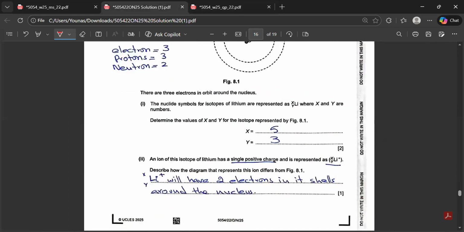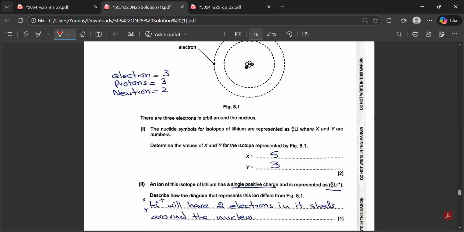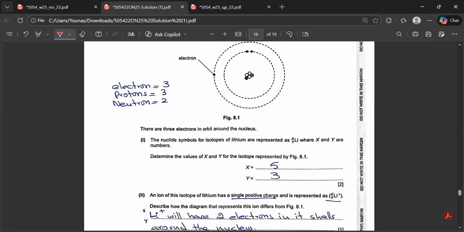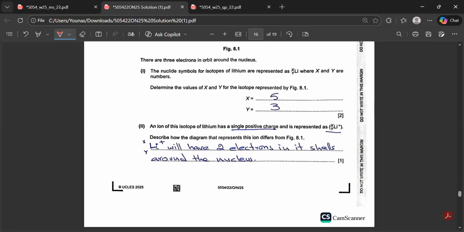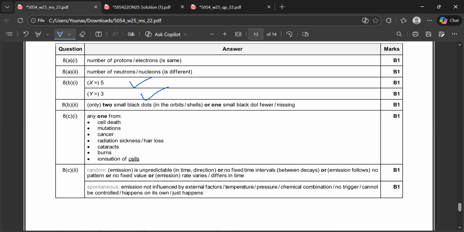That's why lithium positive will have 2 electrons in its shell around the nucleus. The neutral lithium has 3 electrons in its orbits, but in the case of the lithium positive ion, it will have only 2 electrons. It has given away 1 electron. Okay, so let me show you the marking scheme.